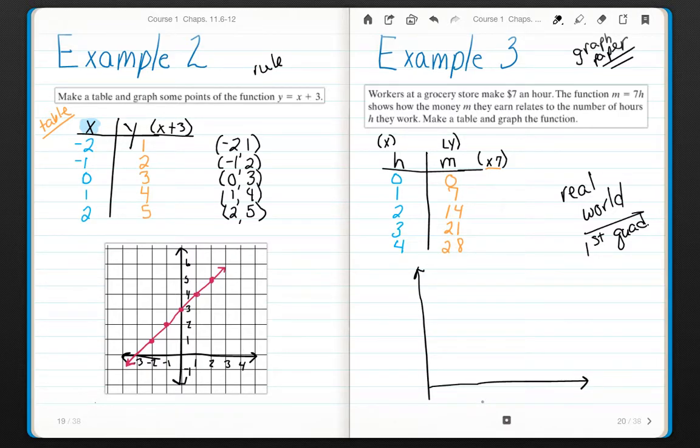So my X is on the bottom. This is hours worked. So I'm going to draw my little lines. You, of course, would use the graph paper.